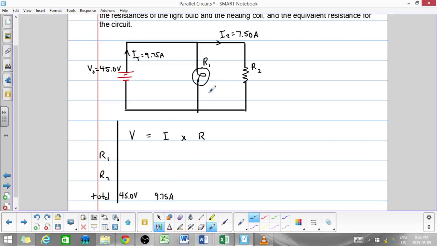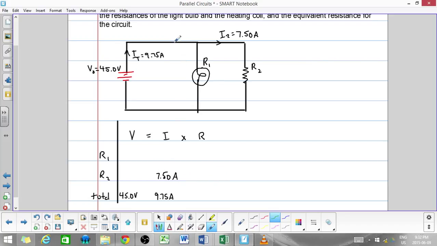And I2. Good. And so now we can immediately fill in a couple of things.